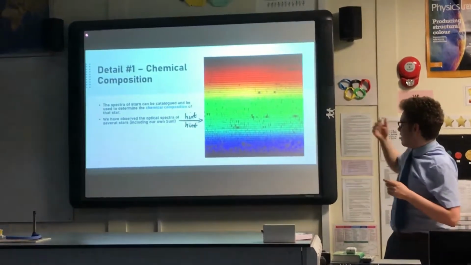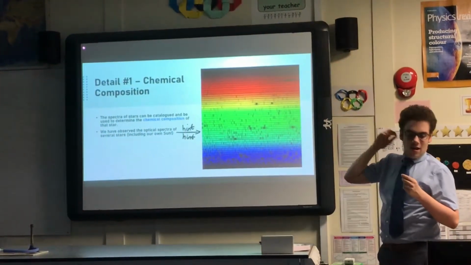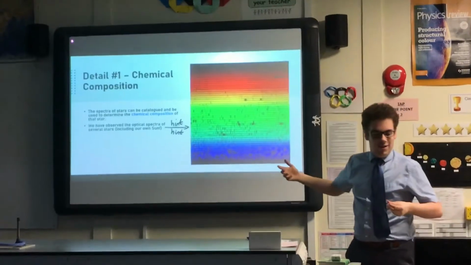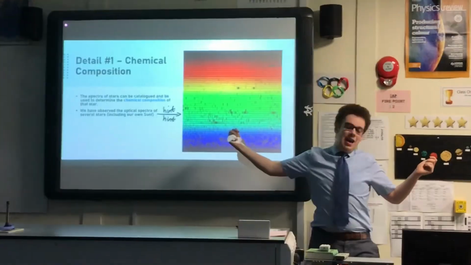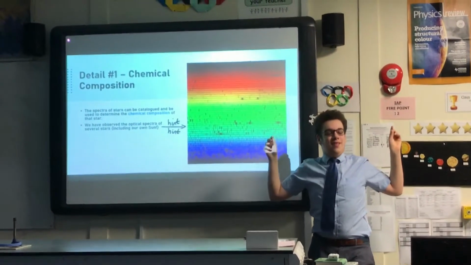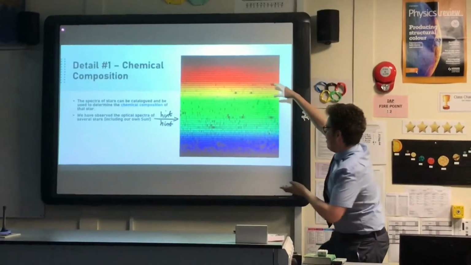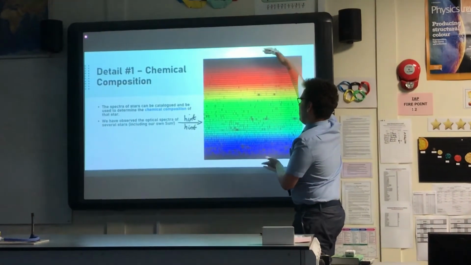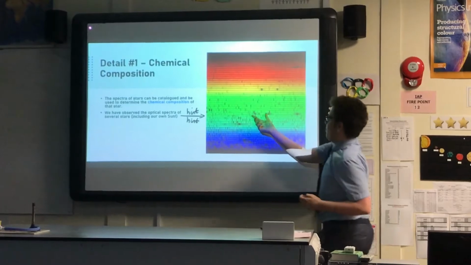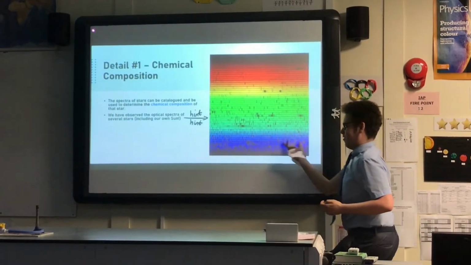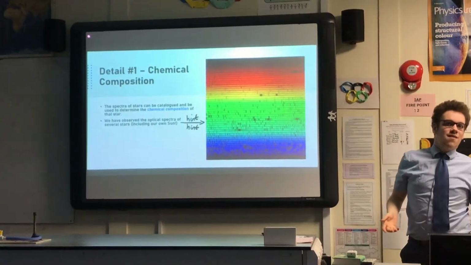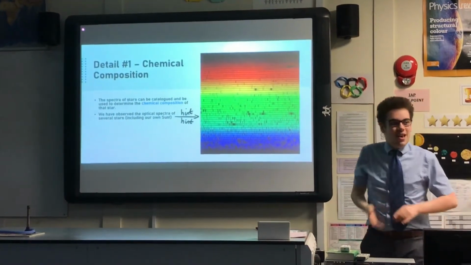We have observed the optical spectra of several stars, including our own sun. This is known as the barcode of the sun, which is basically its optical absorption spectrum. And you can see it's missing different parts of this continuous spectrum, and that's because some specific wavelengths have been absorbed by the elements inside the sun.